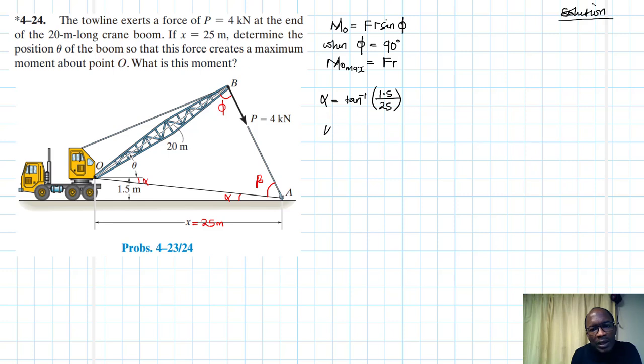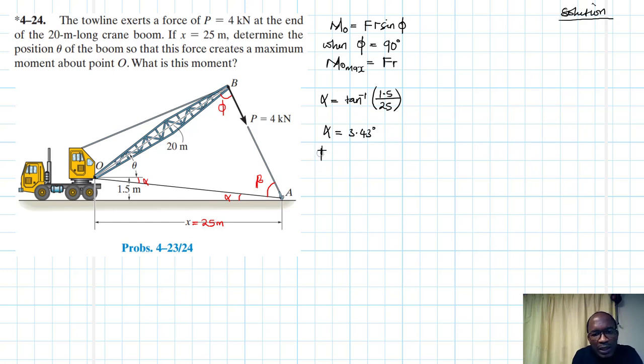Grab your calculators: 1.5 divided by 25, tan inverse of that is 3.43 degrees. So that is our alpha.